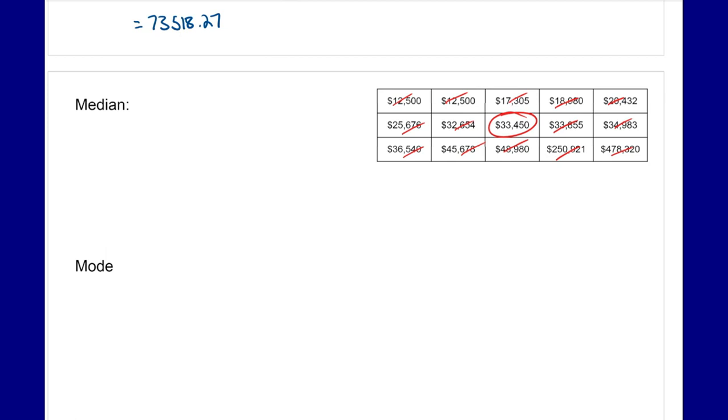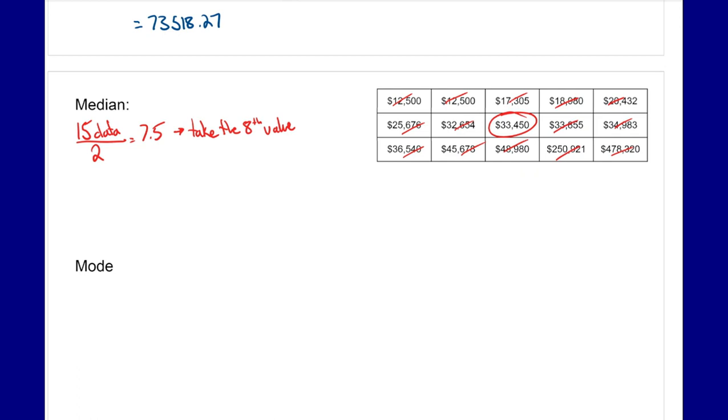What we could also do though is, if we know how many data points we have, we have 15 data points, we're going to divide that in half. We get 7.5. So that means we take the eighth value, because 7.5 says we don't have an even number of numbers.